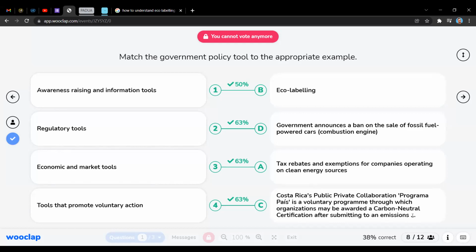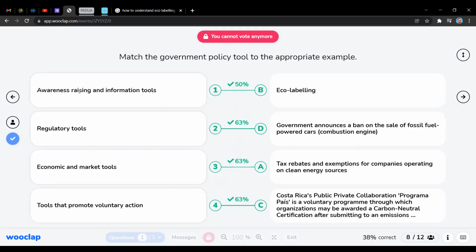Basically, this voluntary program can assess your company, your industry, or whatever you've got going on, and give you a certificate based on the amount of carbon you are producing. That can be used to collect certain incentives or grants from the government. But it's basically the government letting these volunteer organizations carry out these kinds of programs.